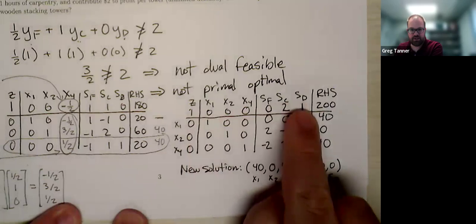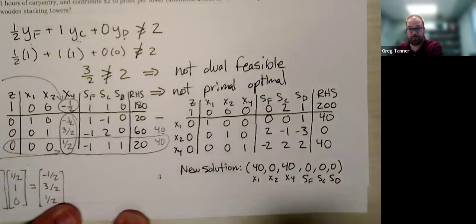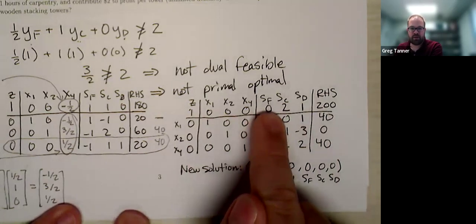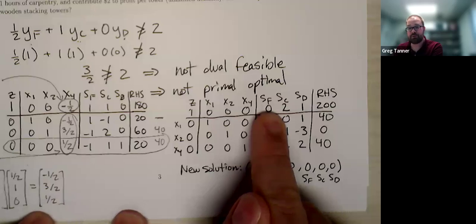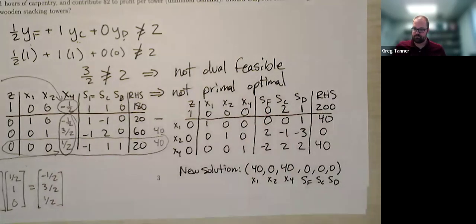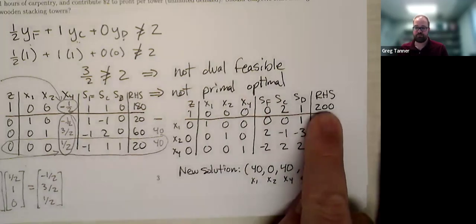You'll look at the objective row. All the values are greater than or equal to 0, so we have an optimal solution. Interesting, though, you'll notice that SF, the slack for finishing, has a 0 reduced cost, which means that there is more than one optimal solution. And so you could pivot to bring SF into your basis, and you would get another solution that had an objective value of 200, same objective value, but a different solution potentially.